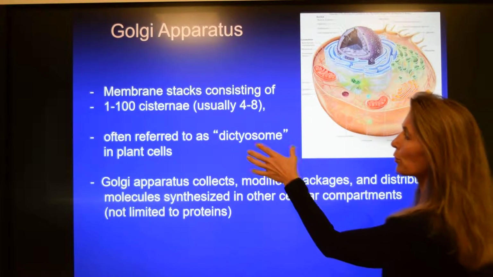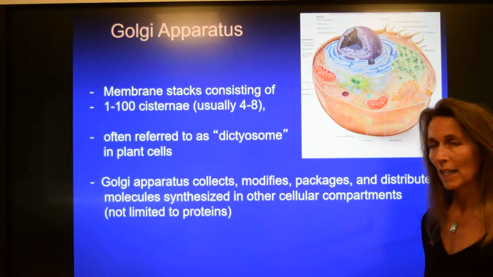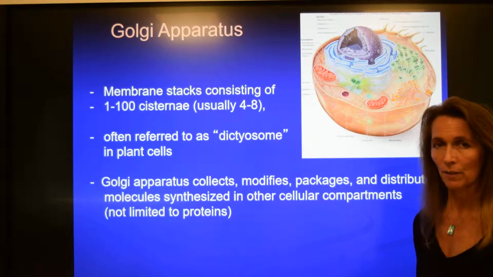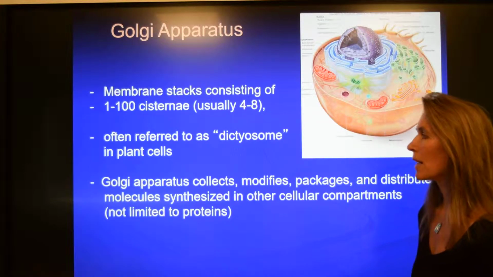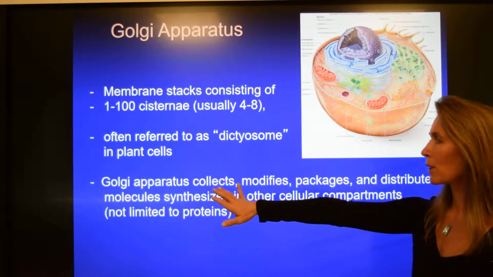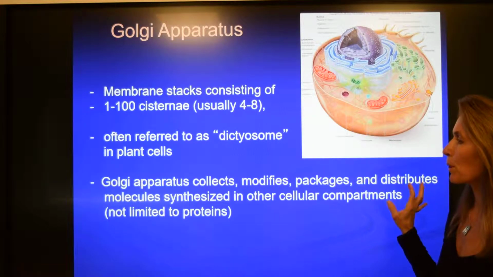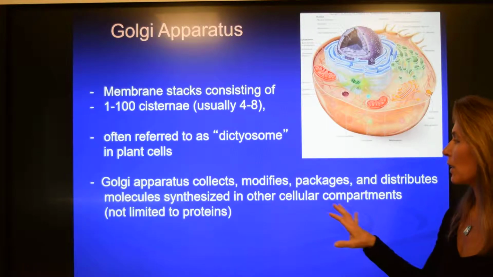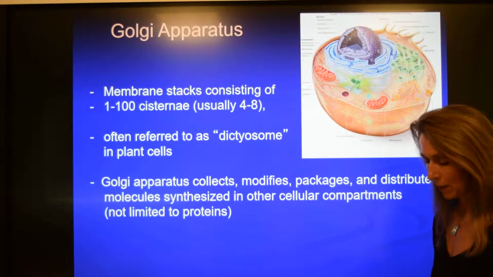You will also come across the name dictyosome in plant cells. This is a similar organelle within plant cells. And the Golgi apparatus collects, modifies, packages, and distributes molecules and others to other cellular compartments.